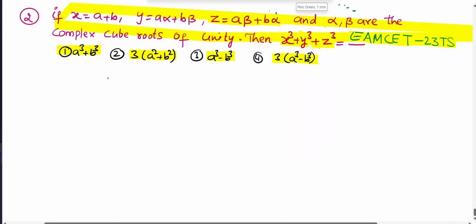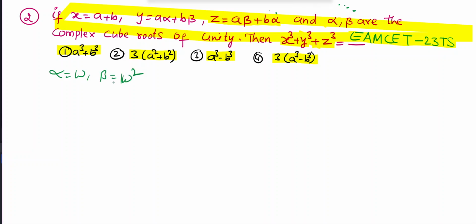So here alpha, beta are the complex cube roots of unity. Take alpha is equal to omega and beta is equal to omega square. Substituting, x is equal to a plus b.